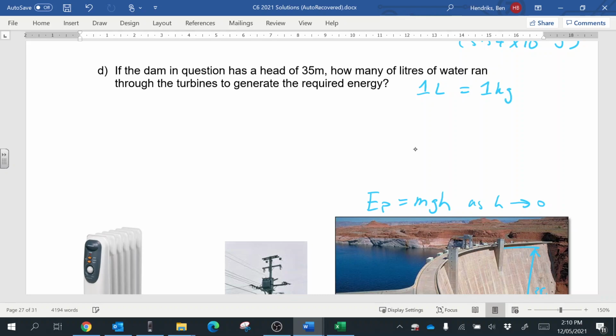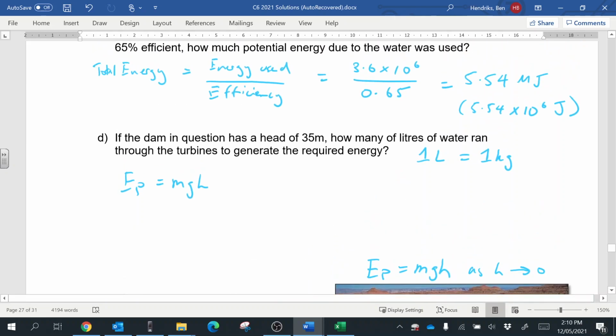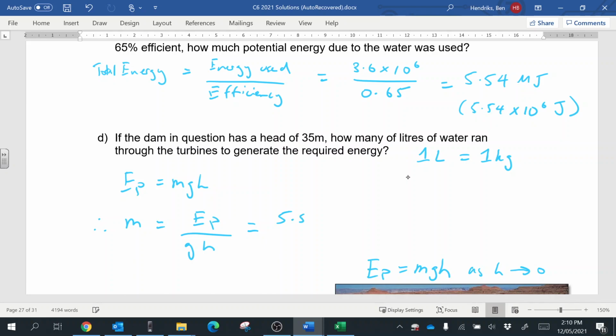Okay, so then what we will say is that our EP is equal to mgh like normal, and that means that we're looking for the mass. It's equal to EP divided by G times H. We've got EP is equal to 5.54 times 10 to the 6, and we're dividing that by 9.81 times 35.